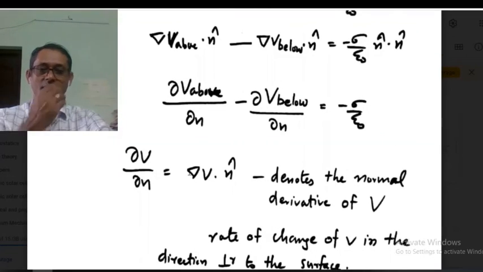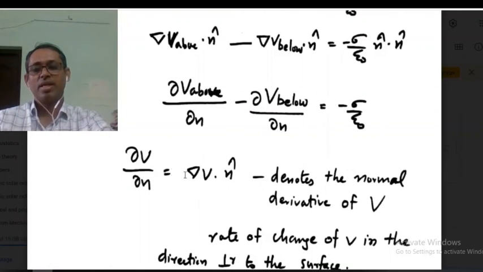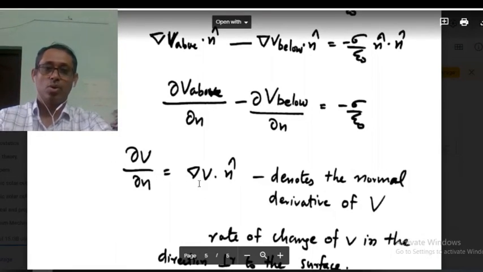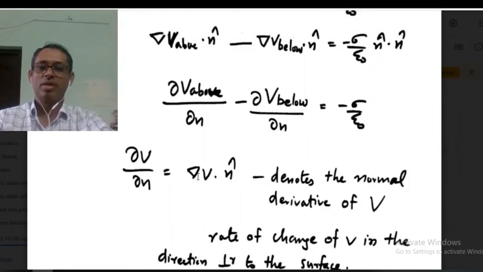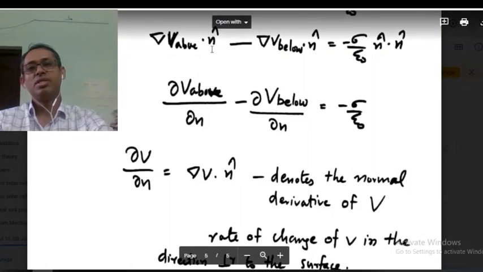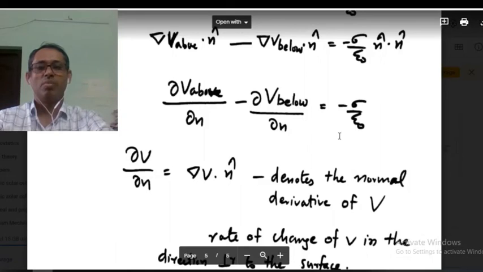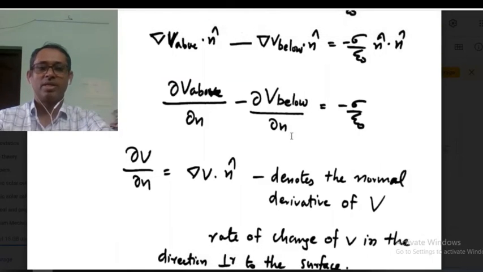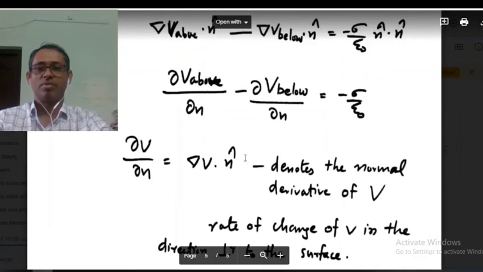So dou V above by dou n minus dou V below by dou n is equal to minus sigma by epsilon 0.